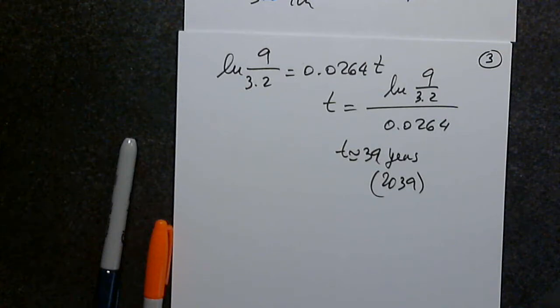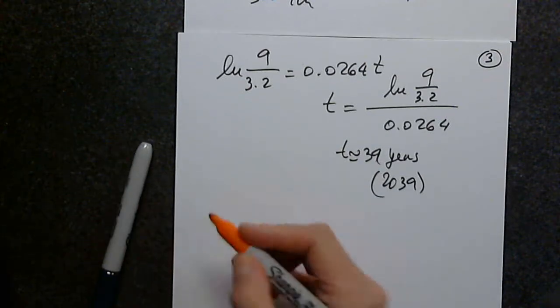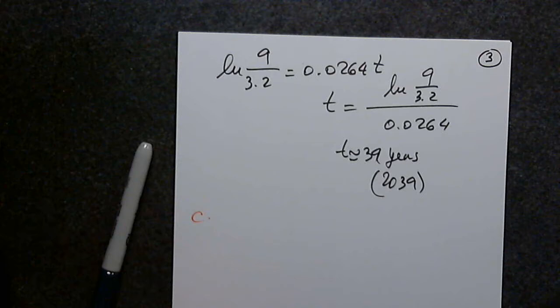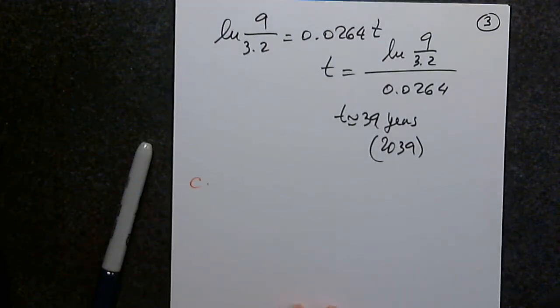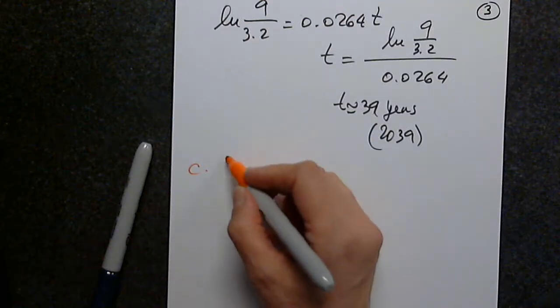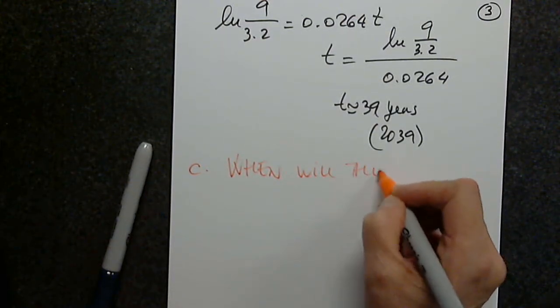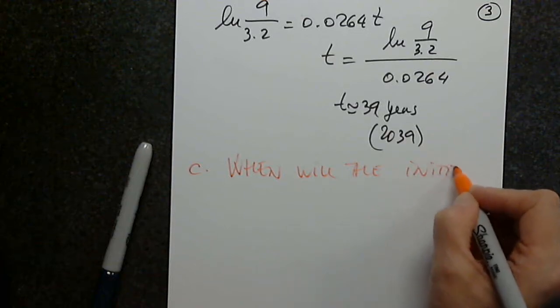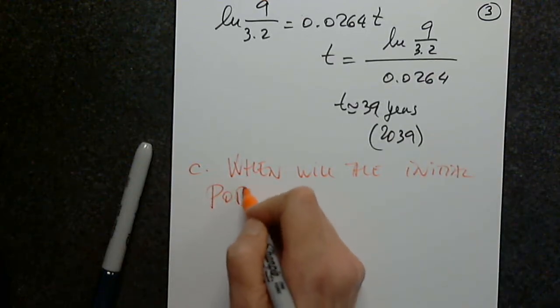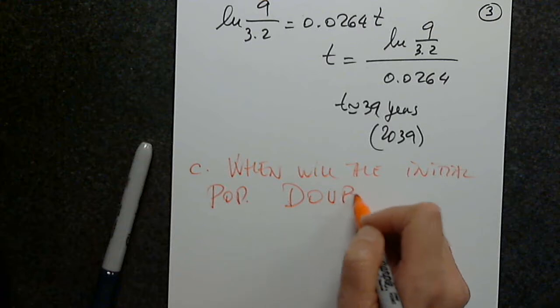Okay, I'm inventing part C. It's a very important question. They should have put it in themselves. Here's my question: when will the initial population double?